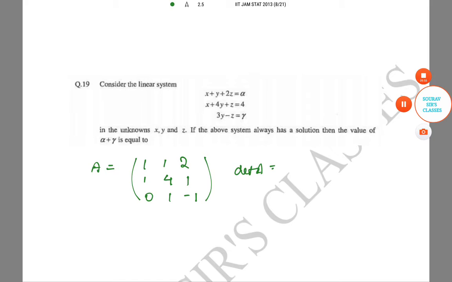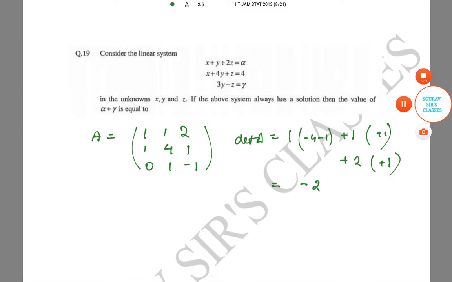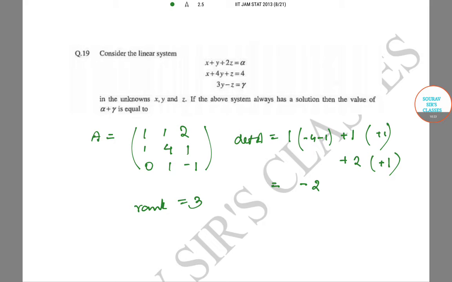Determinant of A is equal to 1 times minus 4 minus 3, minus 1 times minus 1, plus 2 times 3, which is equal to minus 2. Now since determinant is not equal to 0, rank of the matrix is equal to 3.